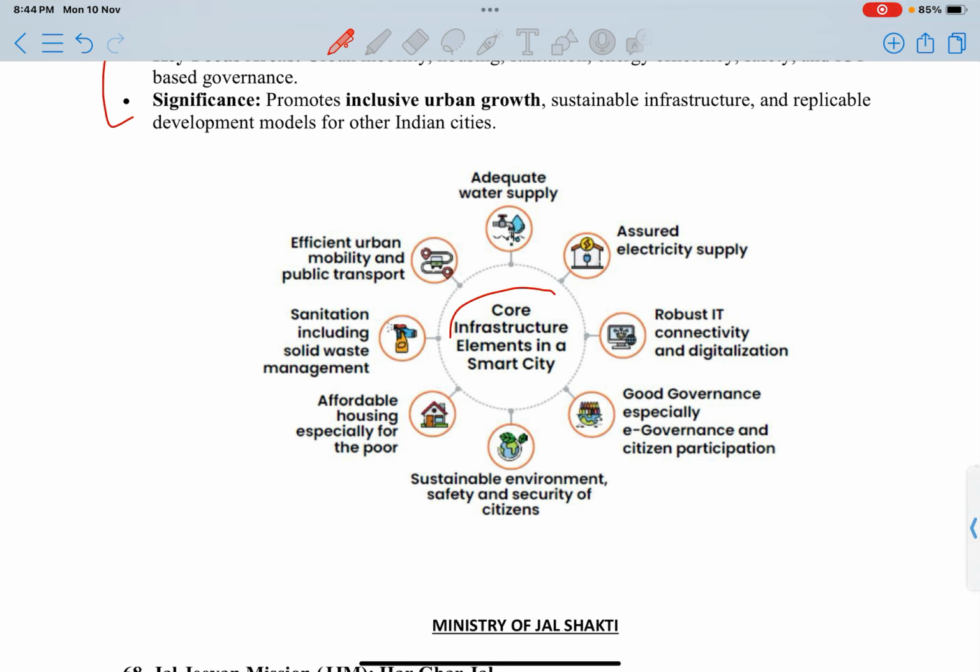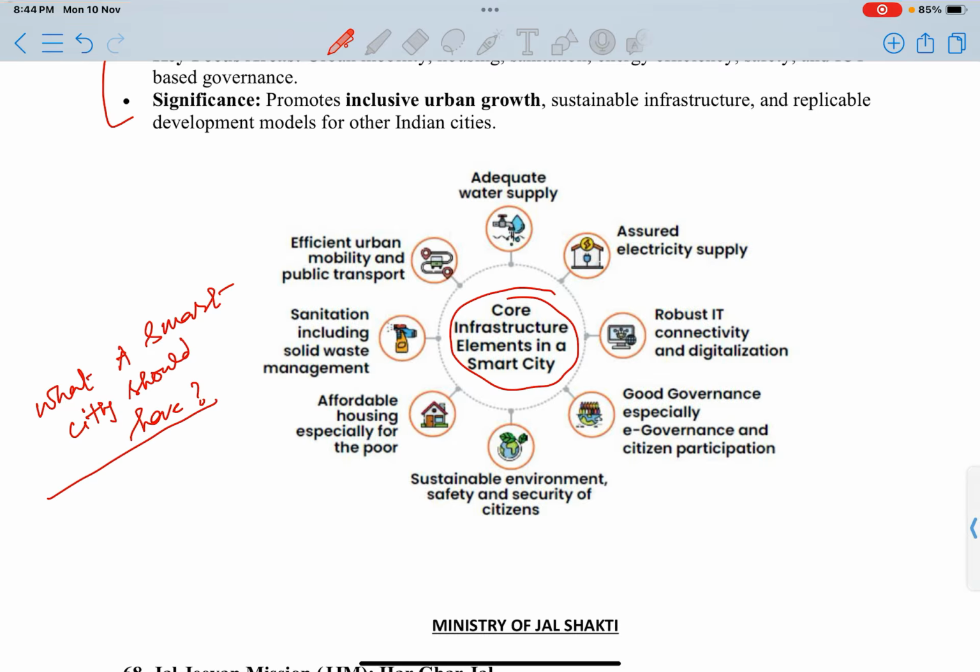You can see core infrastructure element in a smart city. So in the exam, they may ask what a smart city should have, okay.